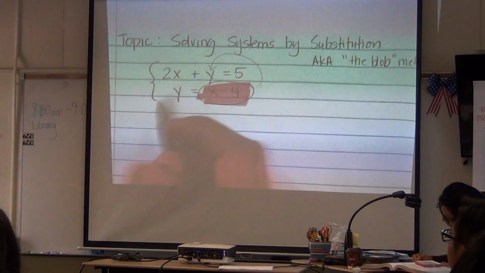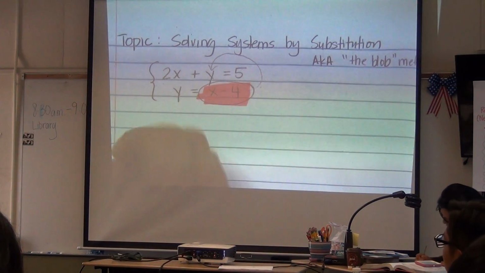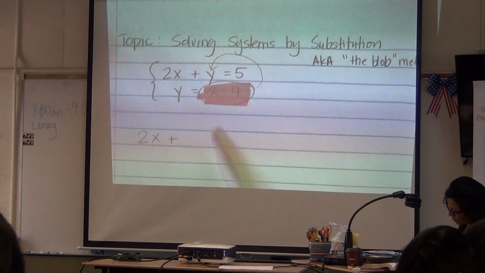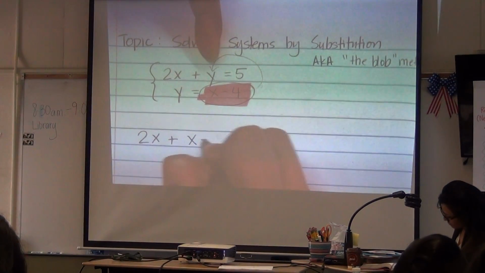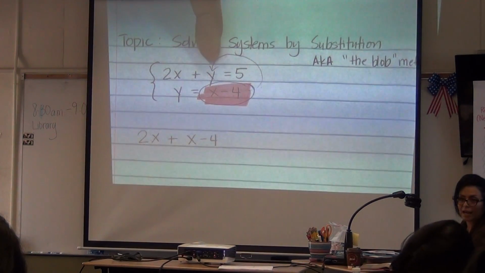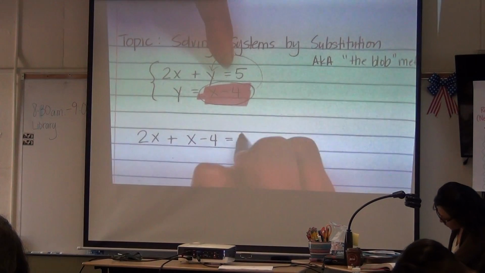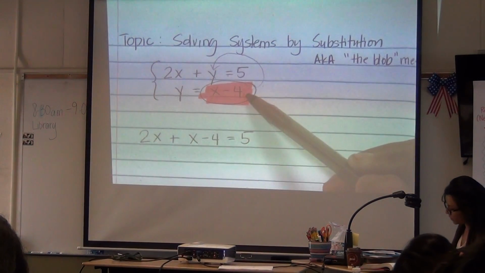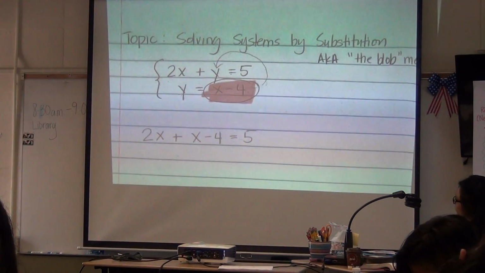I'm going to write that first equation out. 2x plus, instead of writing y, I'm going to write x minus 4, aka the blob, equals 5. So I'm using this equation, substituting it for the variable.